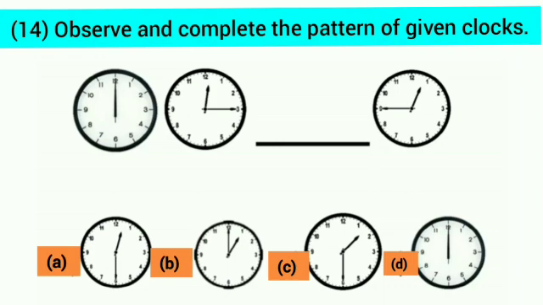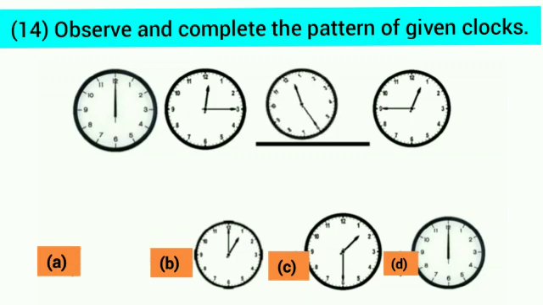First, we will take the clock given on option A for this blank. See carefully this clock, dear children. The minute hand of this clock moves in clockwise direction and comes at 6. This clock is following the same pattern of second clock. Now see the last clock.